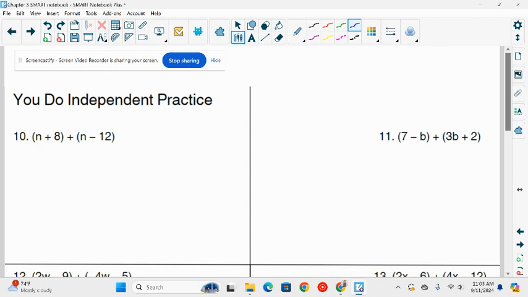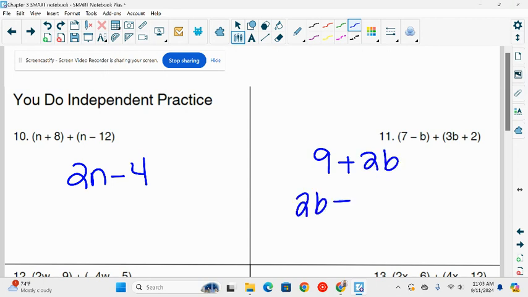Alright, again, let's check these, make sure we're all on the same page. From what I've seen, I think we are. We should have gotten 2n minus 4. We should have gotten either 9 plus 2b, or 2b plus 9, either way.